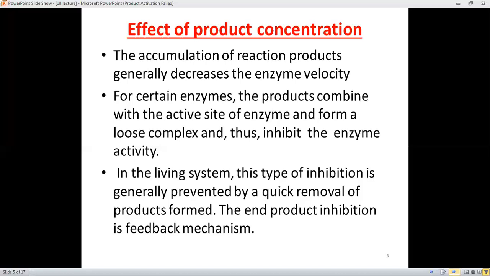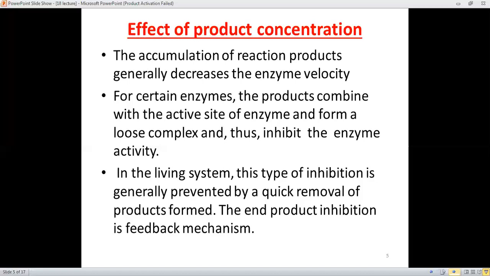The enzyme will no longer be available for its substrate, because the product which was formed has affinity for the active site of the enzyme, and therefore it will occupy the amino acid sequences present on the active site. In living systems, this type of inhibition is generally prevented by quick removal of the product.